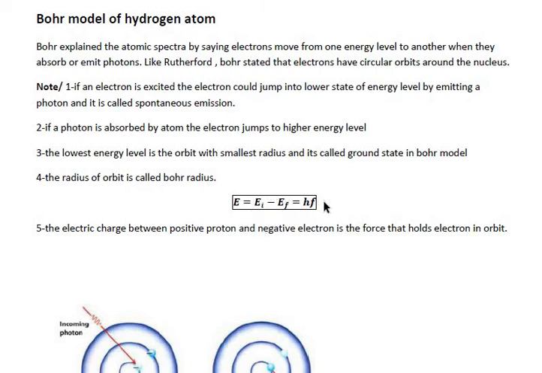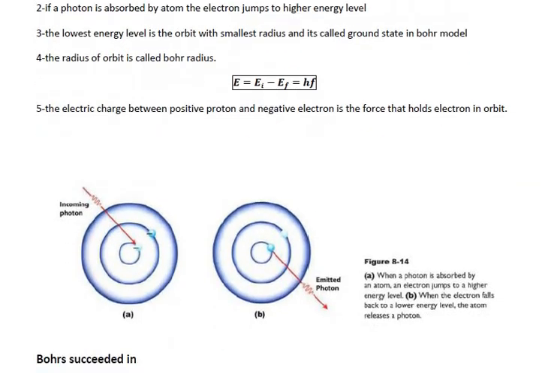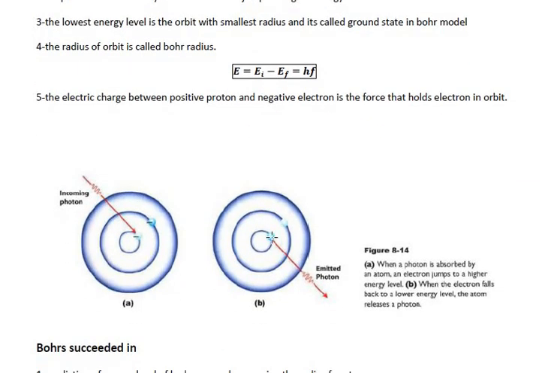So the amount of energy that's needed for an electron to jump from one state to another is equal to hf. So if we want to make an electron jump from this state to the excited state, we need an amount of energy which is equal to hf.